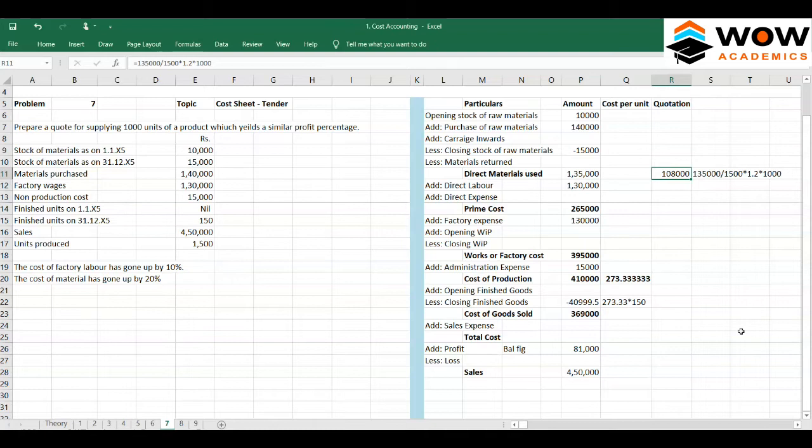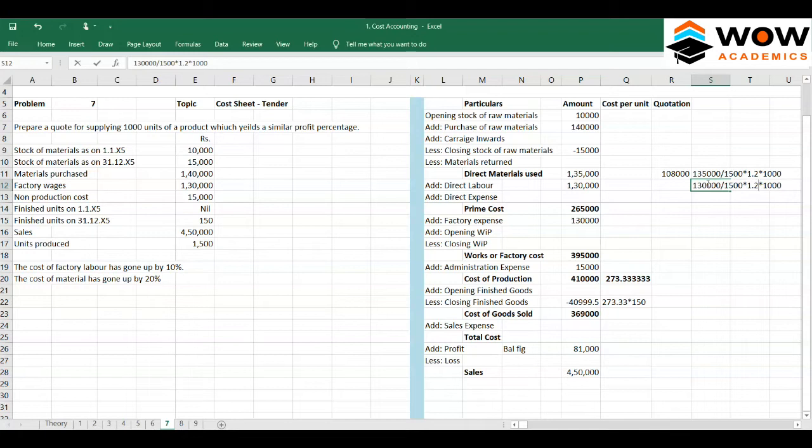Okay, so the next one is, the cost of factory labor is going to go up by 10%. So again, we can take this. So direct, the cost of factory labor. So it is factory labor, this one. So if you take the existing factory labor cost is 1,30,000, that is for 1,500 units.